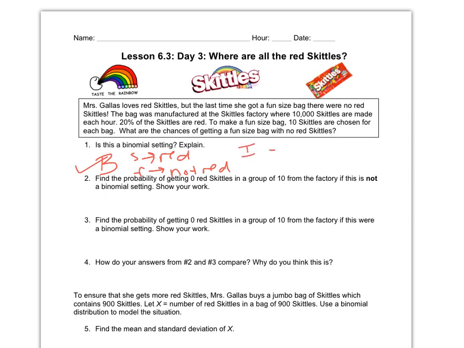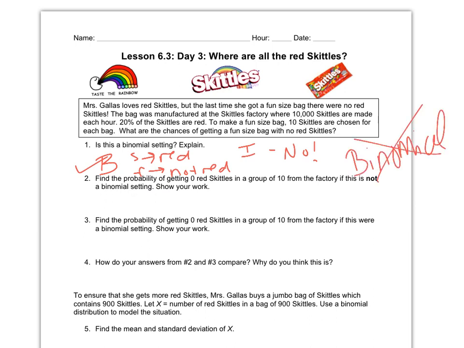Okay, in this case, the answer would be no. She is not sampling with replacement. So since she is not replacing it, every time she removes the Skittle from the bag, she is altering the probability for the next one that she's going to choose. So this is actually not a binomial setting, so it does not meet our criteria for that.